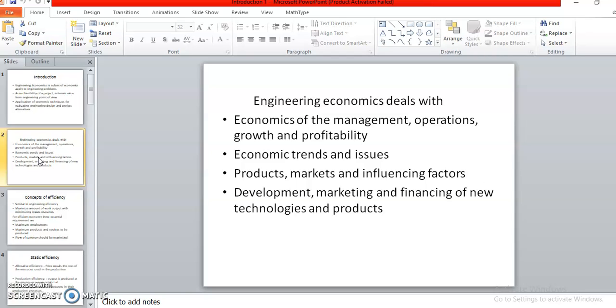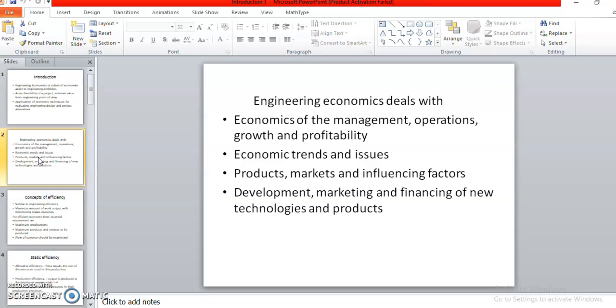These topics are the management economy, the economics of that particular management. Economics we can achieve through the operations. Economy we can achieve through firm growth and firm profitability.